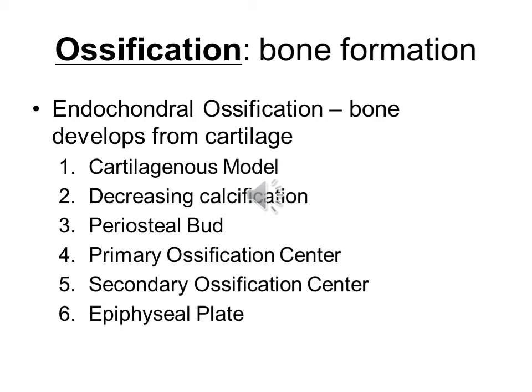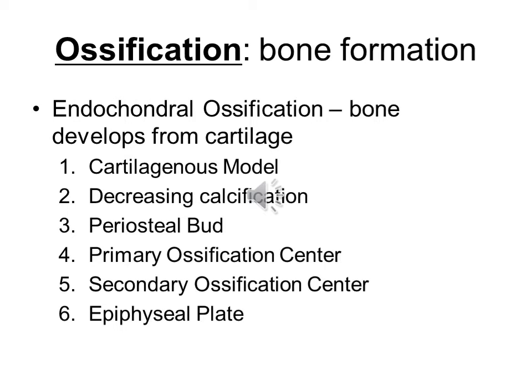So we have a number of steps to deal with here, and we're going to talk about all of what I've got listed. So first up, we have our cartilaginous model. What happens here is we have a cartilaginous model that's initially surrounded by perichondrium.